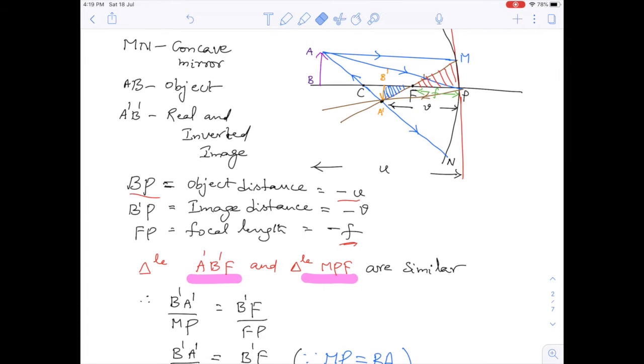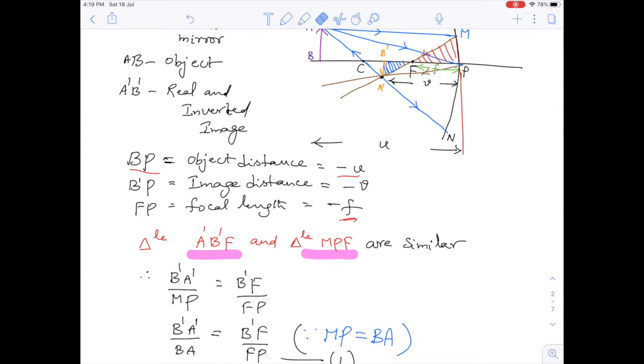So if I consider the ratio of the corresponding sides, B dash A dash by MP, this side, is equal to B dash F by FP, this side. So these are the ones.